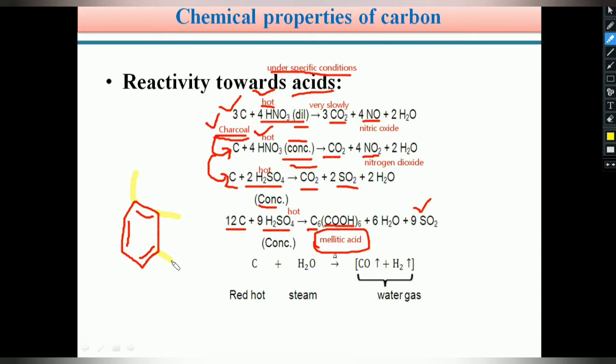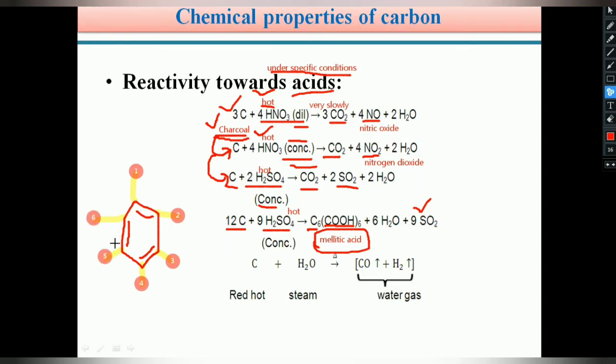In place of 6 hydrogens, if we add 6 COOH groups, each hydrogen is replaced with one COOH group, that is called mellitic acid. COOH1, COOH2, COOH3, COOH4, COOH5, COOH6.